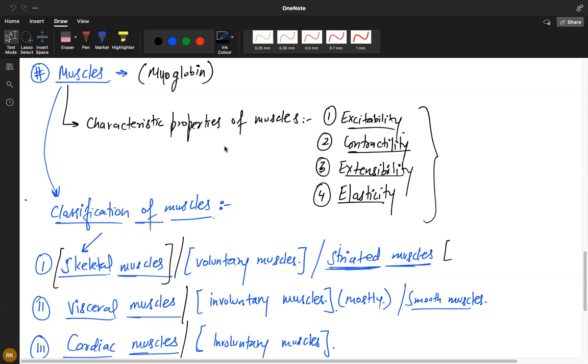Extensibility means once extended, they should have load bearing capacity. You can extend it to its limit and it should hold in place. And elasticity is just like a rubber band: once extended, it should come back to its normal shape. So these are the four characteristic properties of muscles in general.